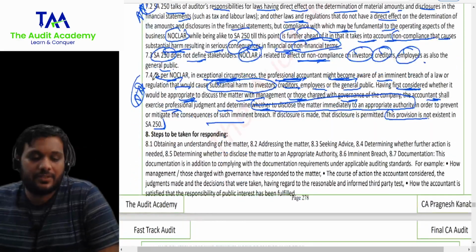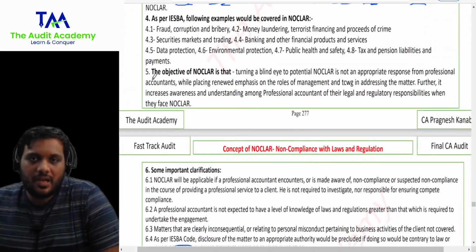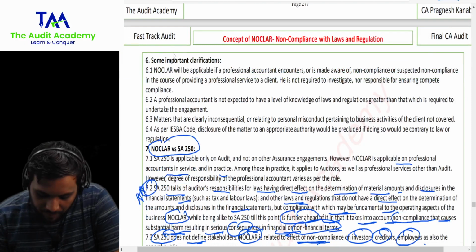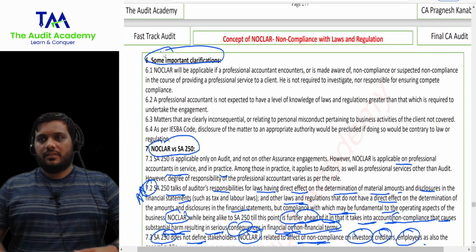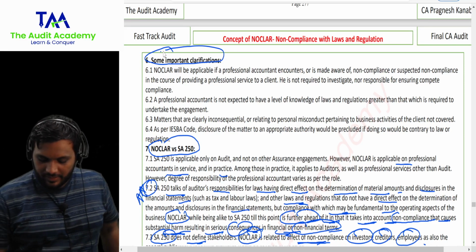Yes sir. Okay, now whether you are a professional accountant, CA in practice or a CA in service, there are some important clarifications which have been given over here with respect to NOCLAR. All right, this at least will make you a little bit relieved. Look at this.